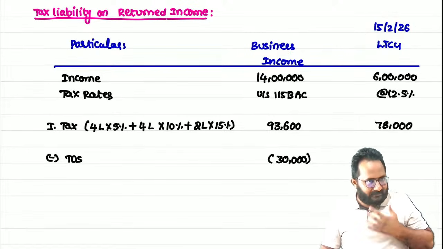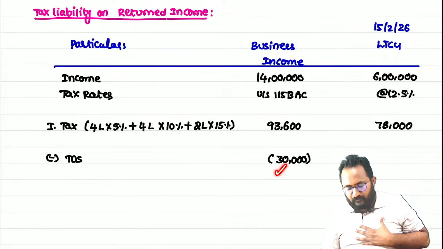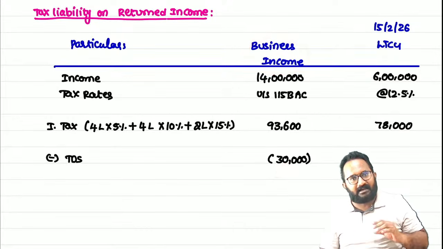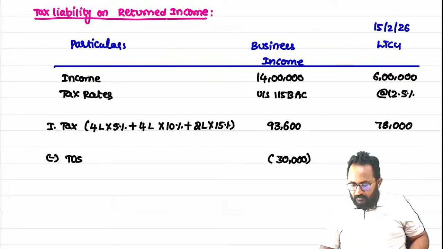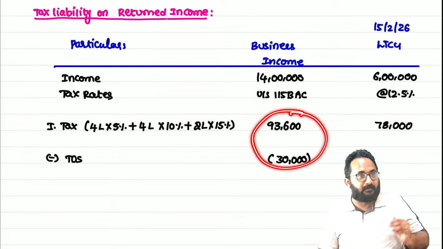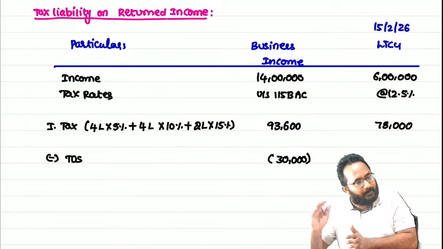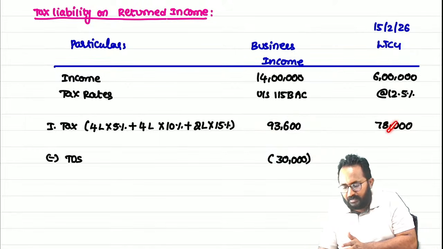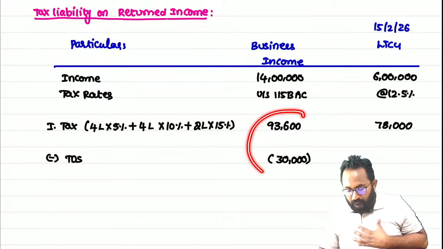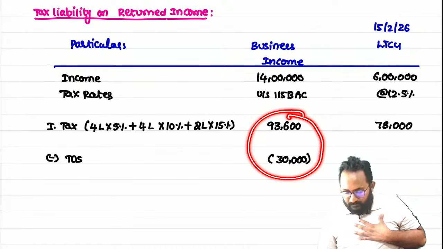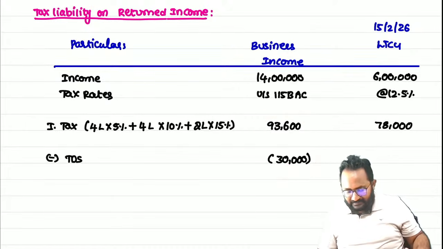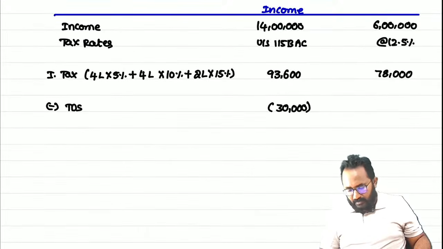Generally, if you reduce from this only, the assessee will get the benefit, because he has to pay from the first installment onwards. Here he has to pay only one installment next, in February. If he reduces the TDS from this, then only he will get relaxation. So that's why we can reduce it.